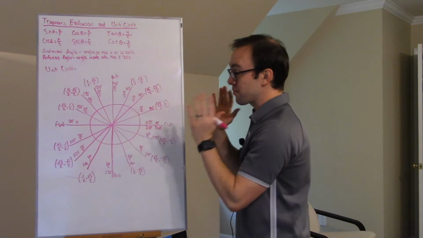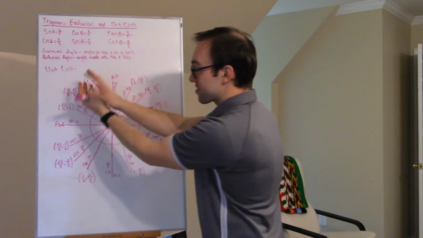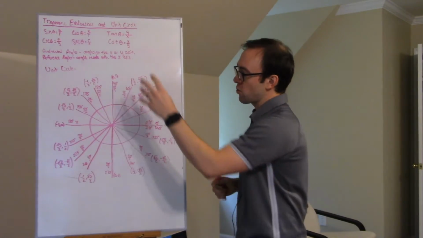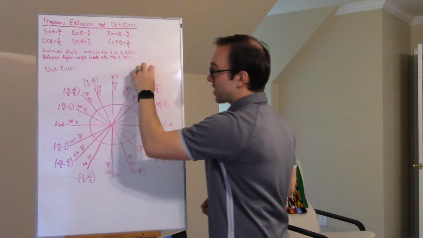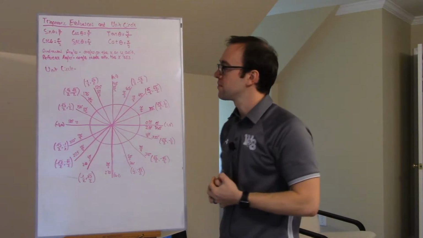Now you'll notice from here on out that all of these ordered pairs will just be changing signs as we go to each quadrant. So for this next one, 120 degrees, it's the same spot, just a negative x from our 60 degrees.